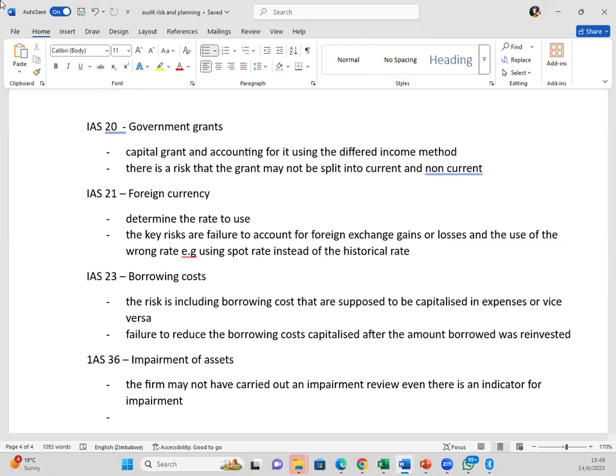Indicators of impairment include that maybe the asset is now partly damaged, or the use of the asset has changed. Those are some among the list of the indicators.